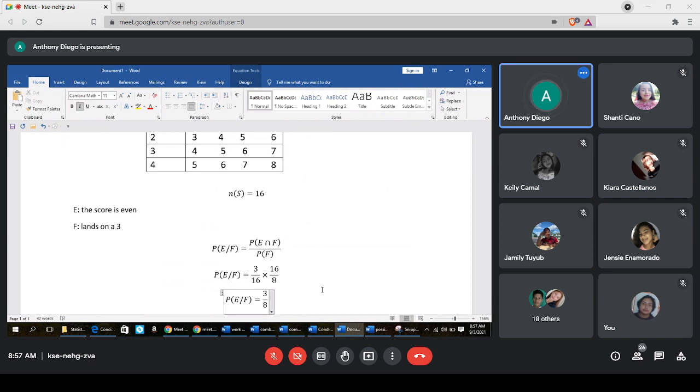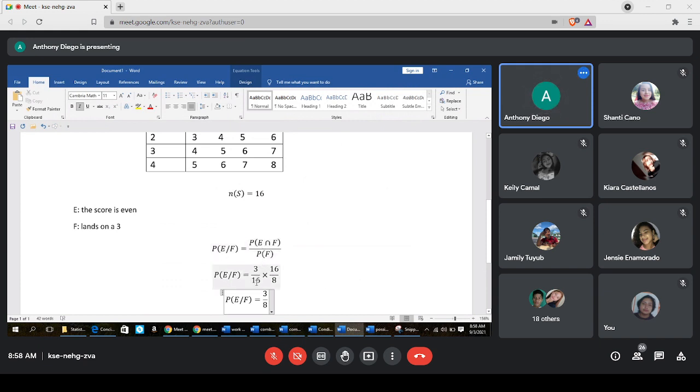Let me see if you are reading properly. All we need to do is shift this around. The probability of F given E, this could remain the same, since F intersecting E is the same as E intersecting F.